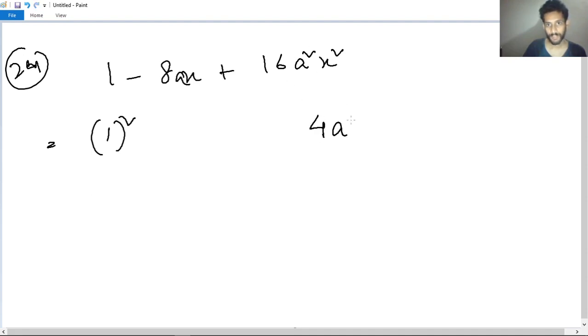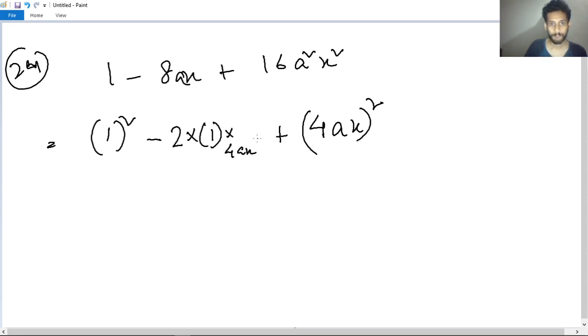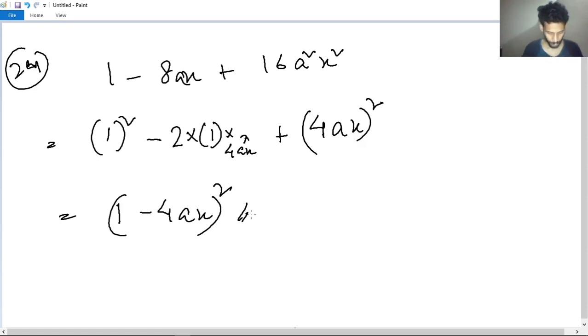A square, then x square. If you give the square here, it will be wrong. This whole is a whole square, so it will be this. So minus twice into 1 into 4ax plus this. Just write it here, give a proper space. Then this will be (1 minus 4ax) whole square. Okay, you got this part now.